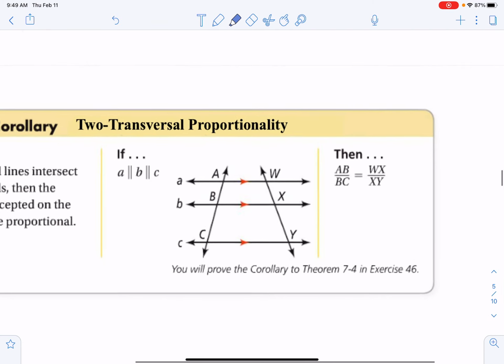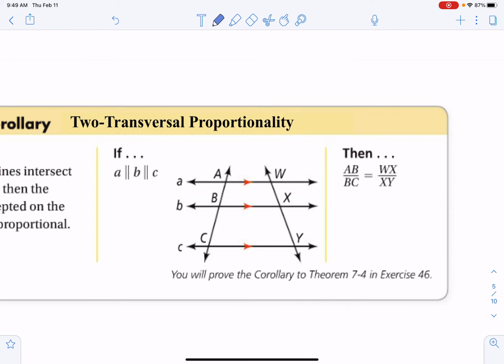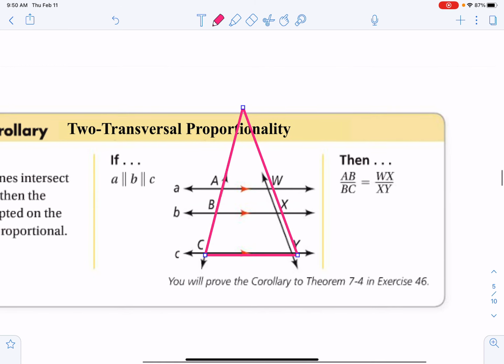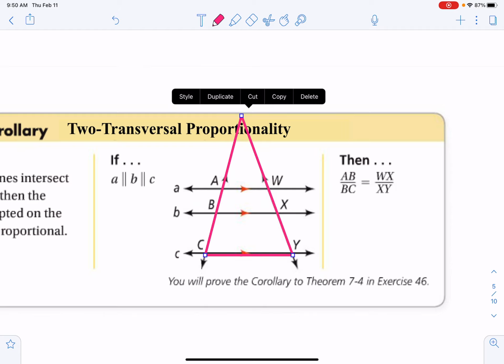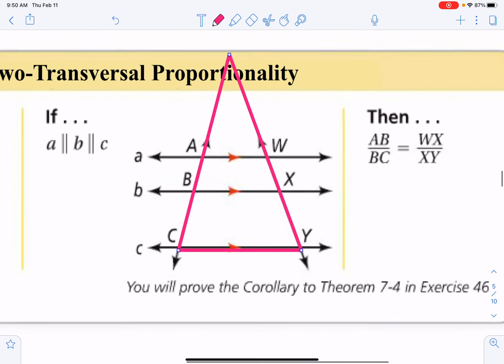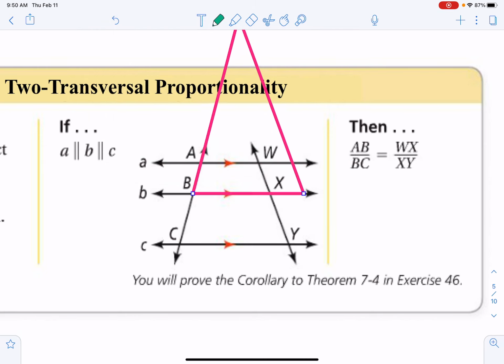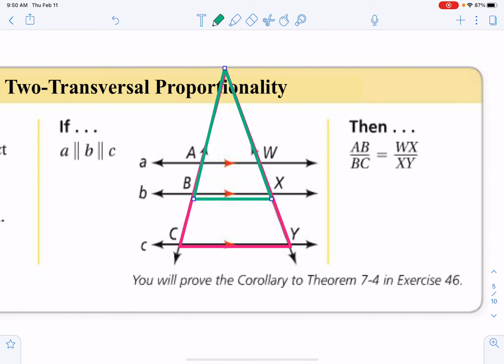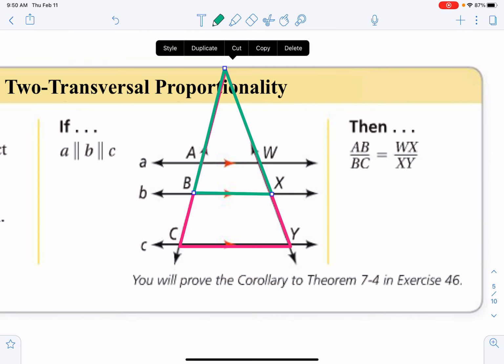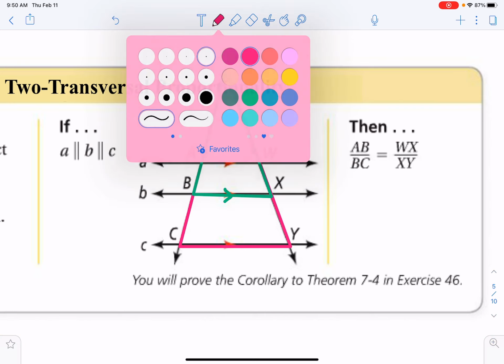Okay, the second one is called transversal proportionality. It's super similar to the first one. It's saying if you had that pink triangle, but what if you just, and you still have the green one, and they said this is still parallel to this.